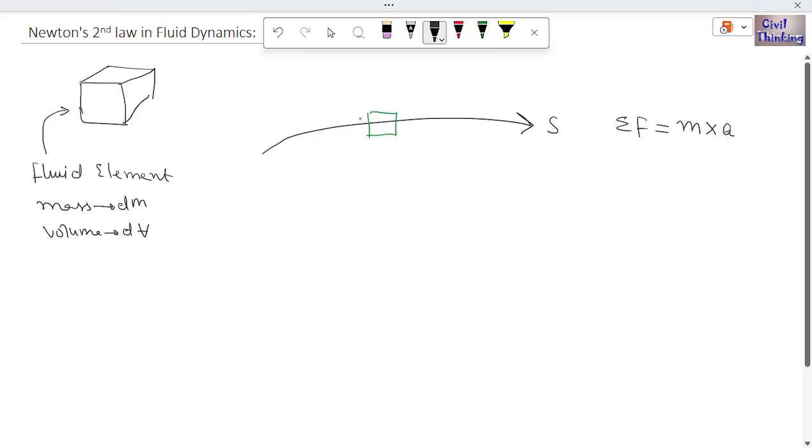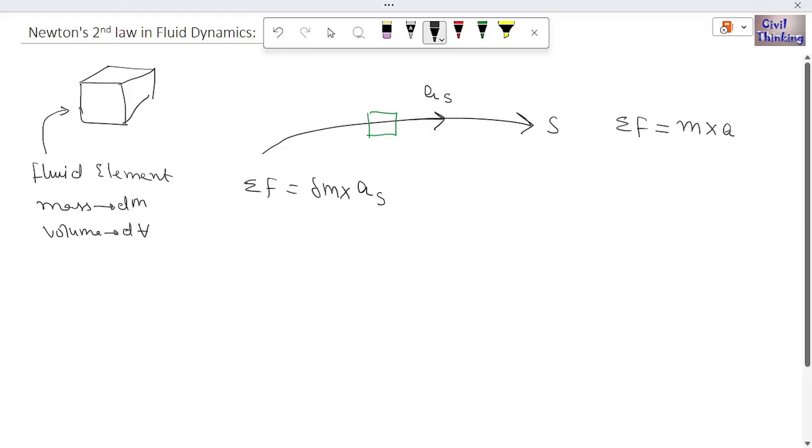In this case the mass of this element is delta m, so I can write summation of force is delta m times acceleration. Since this fluid particle is moving along this S line, let us say the acceleration along this path is a_s.